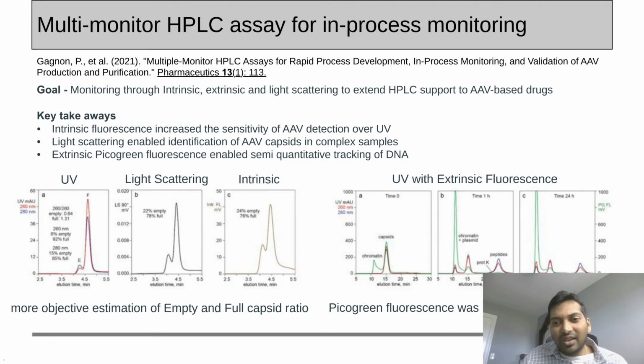And when they add a proteinase K treatment for 1 hour and 24 hours, the green is the PicoGreen. The PicoGreen becomes highly sensitive and picks up all the plasmid and DNA present in the sample, clearly showing all the protein being chewed off by the proteinase K. But when you look at the UV, the blue is the protein and the red is your DNA, and the UV is not sensitive enough to pick up enough DNA.